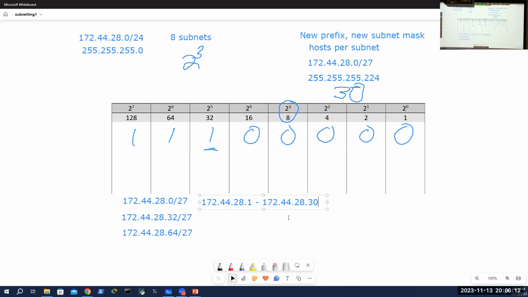If you put 30 down for the number of hosts, and assuming you were correct, then when you put the range, you better not have more than 30 addresses in that host range. And then the next address, .31, is the broadcast. These are all of the 28.0 network. And now for the .32 network, our first address is 33, just add 1.